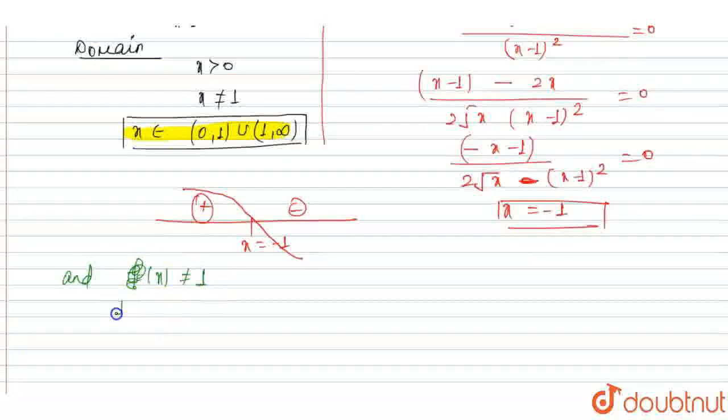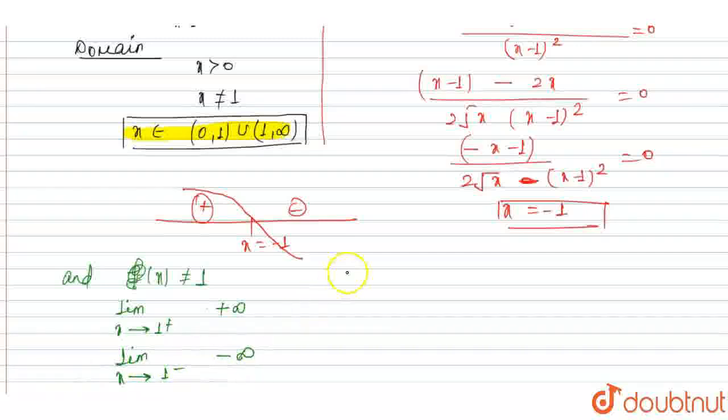Then firstly we have to find the value of limit x tends to 1 plus, and this value tends to plus infinity. And when limit x tends to 1 minus, this value tends to minus infinity.